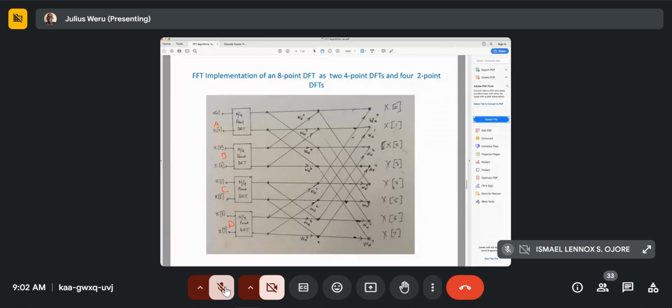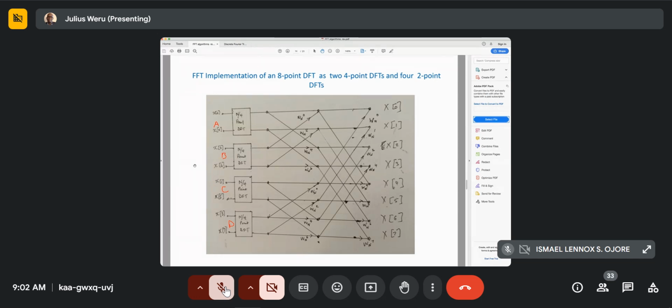And here, this will be the second. This is first position. I mean, this is first. This is second. So second, 0, 1, 0 does not change. It still remains 0, 1, 0 when you reverse the bits. So that is x of 2.